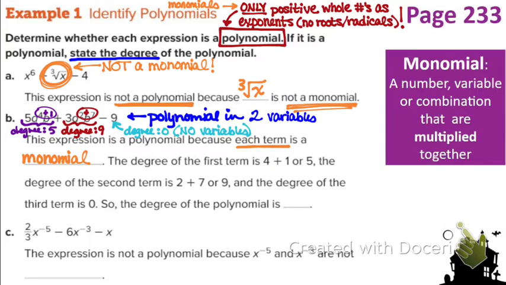Wait, wouldn't it be 7 because the 9 is a negative? I think you're misunderstanding where we're getting the 9 from. This one is degree 0. This is not where my degree for my polynomial is coming from. This one, I added those powers together and I got a degree 9. So I think that's what you were looking at to make that mistake, but I also want to bring up something else that you saw there.